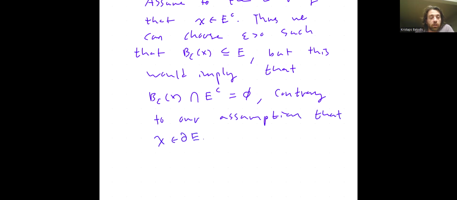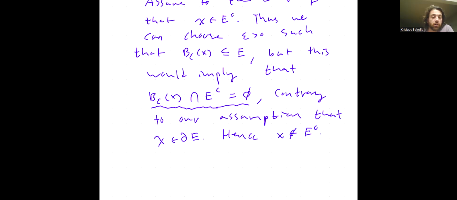Because at the beginning of this whole thing, we assumed that x was in the boundary of E, and that means for all epsilon, this epsilon ball intersected with the complement of E would have to be non-empty, right? But this claim here contradicts that, right? And where did that contradiction come from? Well, it came from supposing that x was in the interior, right? So hence, x is not in the interior.